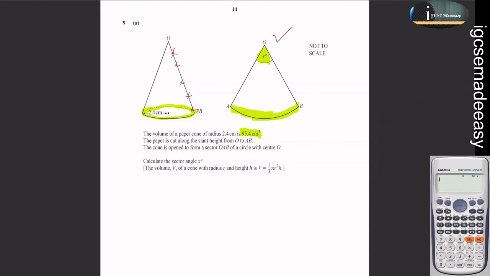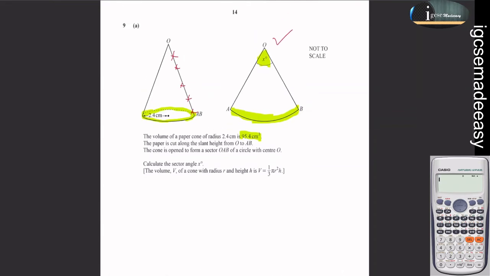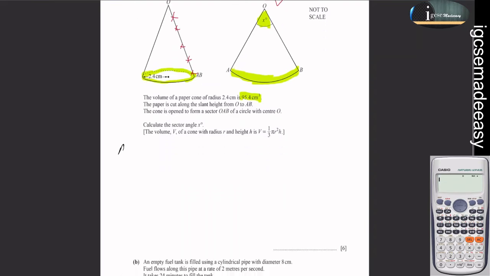So let's use the arc length to find the angle. The arc length formula is: arc length AB equals theta by 360 times 2 pi r.